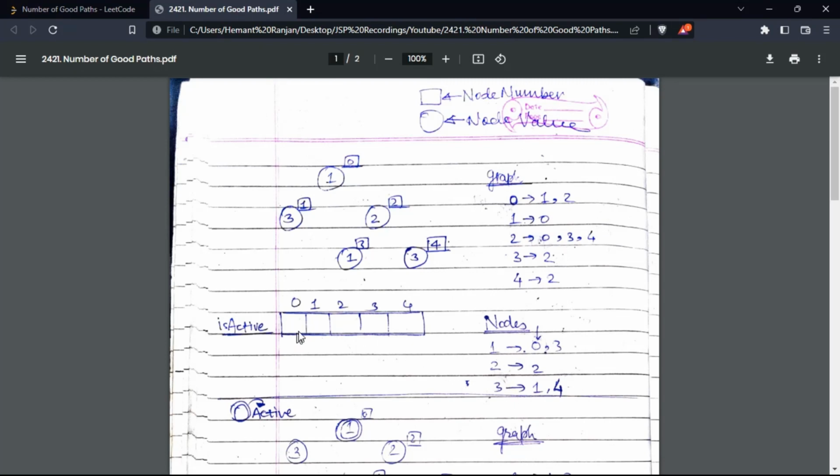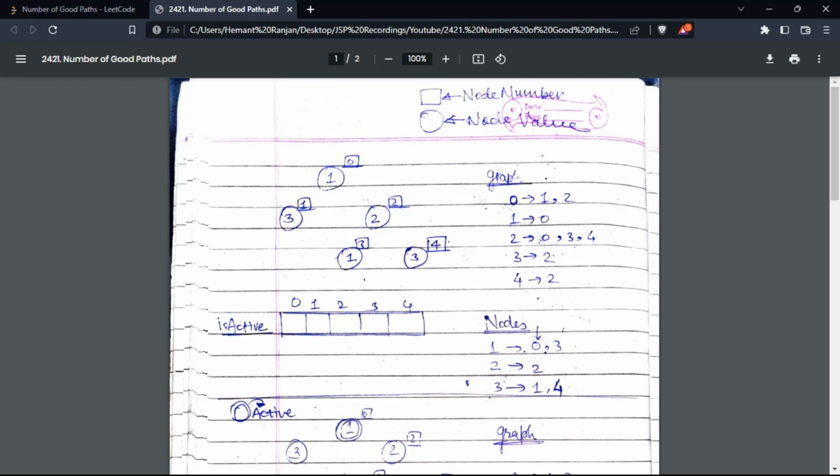What I am doing here is activating every node one by one, and then checking whether we can make a path from that or not. So how are we checking? Suppose I am at a node with some value, and the number of nodes containing the same leader is x, then the number of good paths in that is x choose 2.